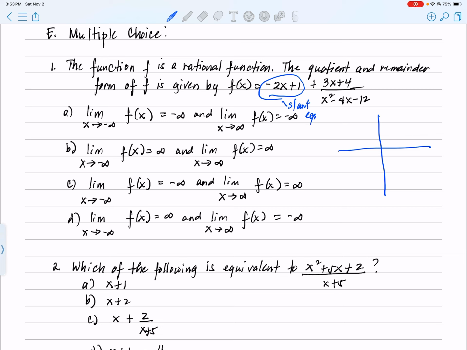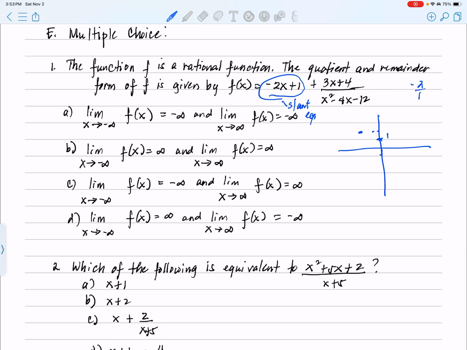So it intercepts at positive 1, and the slope is negative 2. That means negative 2 over 1. It goes down by 2, or we go up 2 and to the left 1 right here.